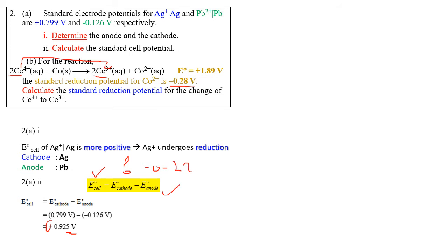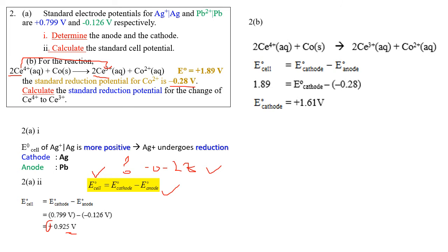So we can substitute. Over here, the question does not necessarily ask us to find the E° cell. We can find out the E° cathode or E° anode as well. Like mathematics, 1 plus 1 equals 2: it can ask you to find the 1 or ask you to find the 2. So yes, this is the formula. This one we're not sure, so just substitute everything and you get the answer.